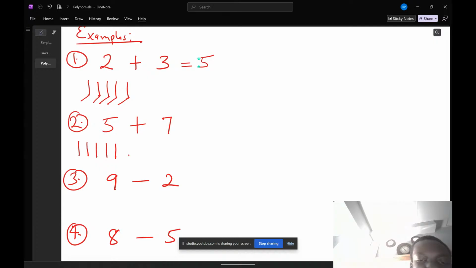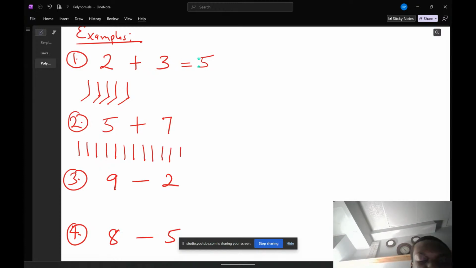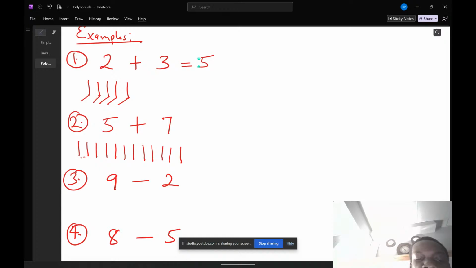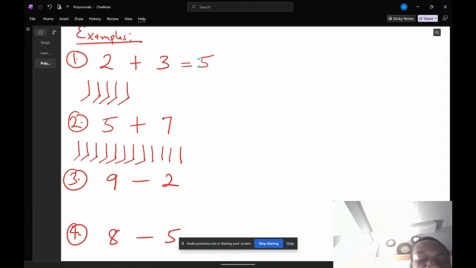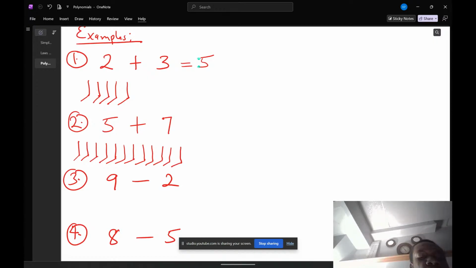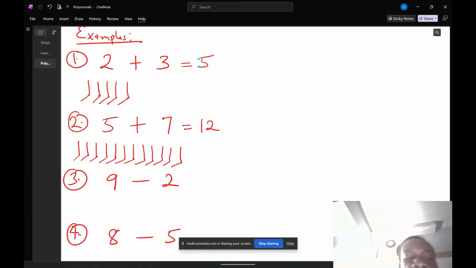Now let's count 7 on its own: 1, 2, 3, 4, 5, 6, 7. So if we count 5 plus 7 together, it will be 1, 2, 3, 4, 5, 6, 7, 8, 9, 10, 11, 12. So 5 plus 7 is equals to 12.